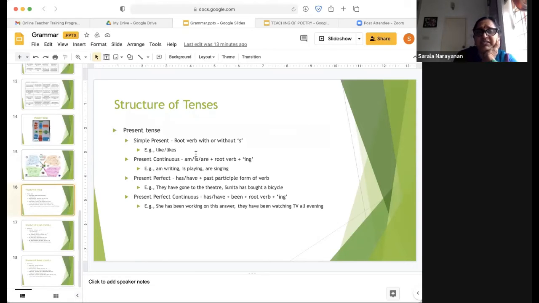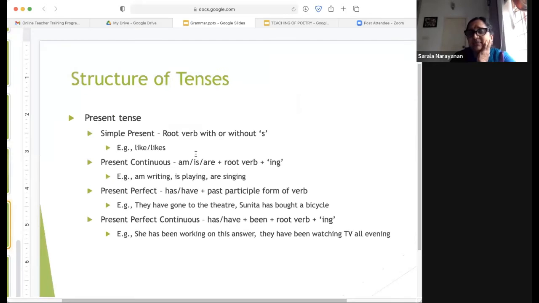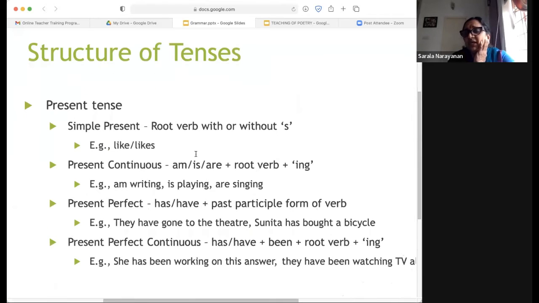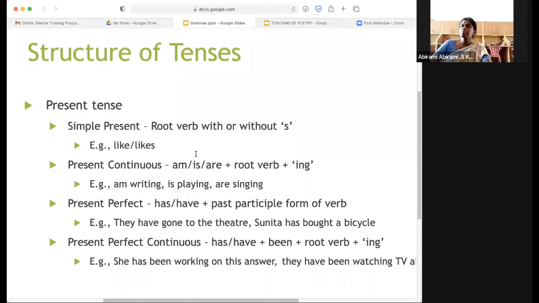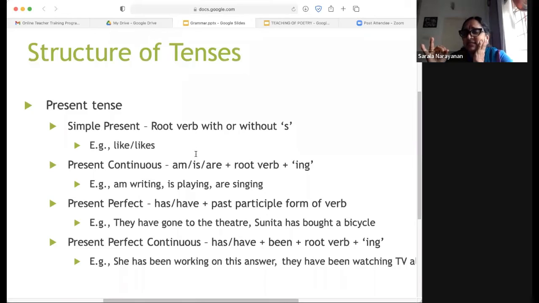See, for the first one, simple present, what will be your structure? The root verb with or without s. She watches, they like. Because singular will have s, plural will not have s. Third person, yes: she plays in the garden, they play in the garden.